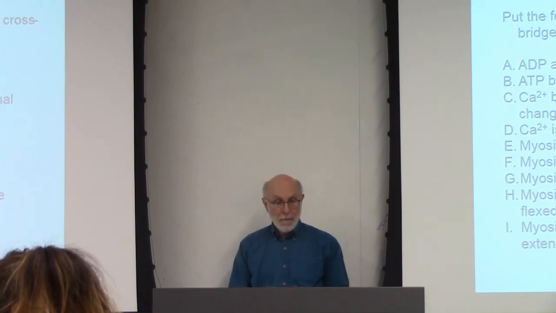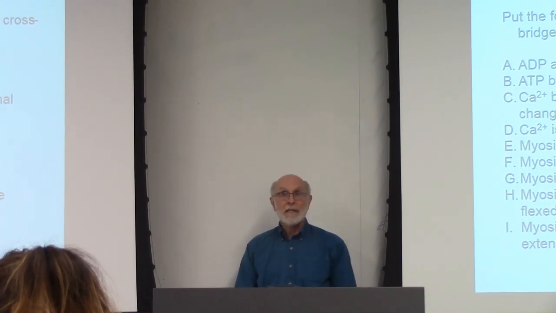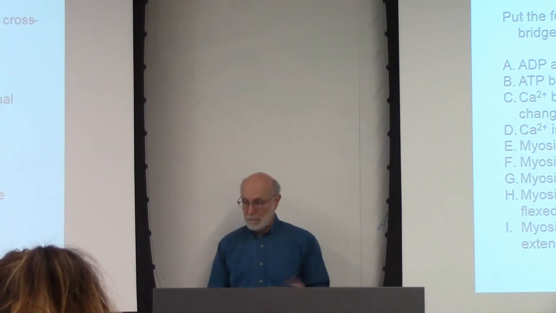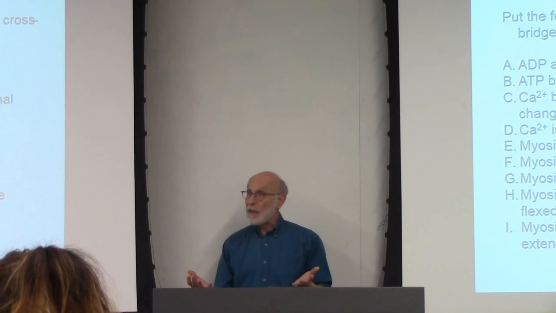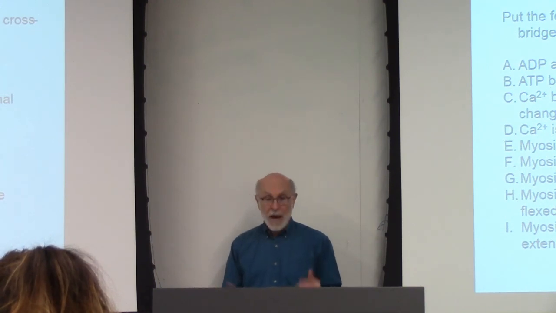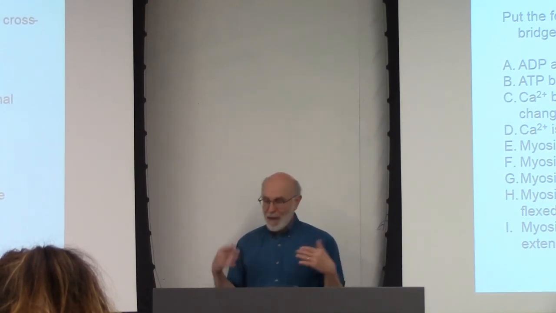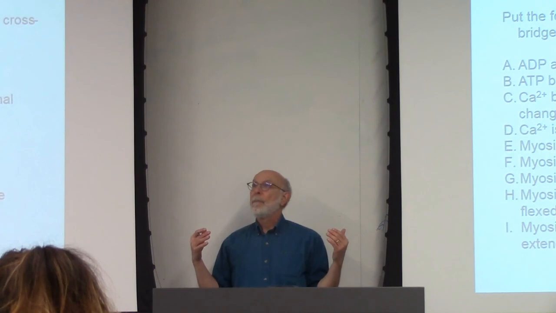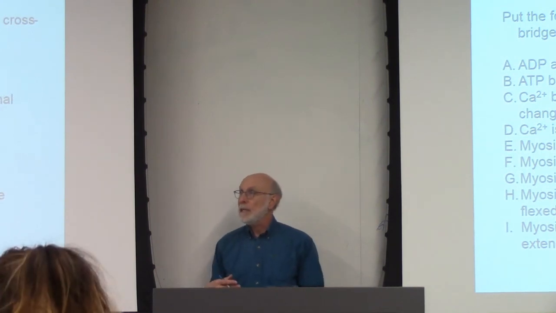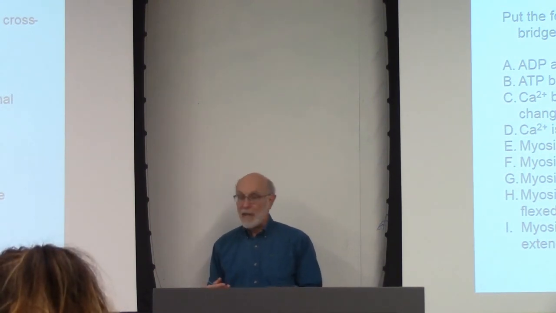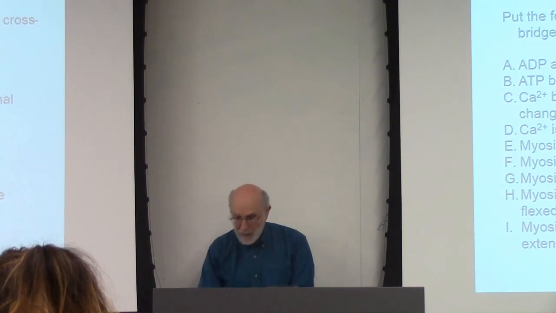F, myosin hydrolyzes that ATP that it just bound. Now it's ADP and phosphate again because it's been hydrolyzed. So now we're back to myosin with ADP and phosphate that binds to actin. But before that, the hydrolysis of ATP to ADP and phosphate goes to I.